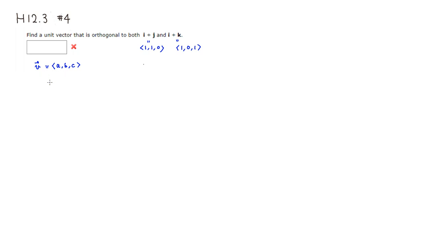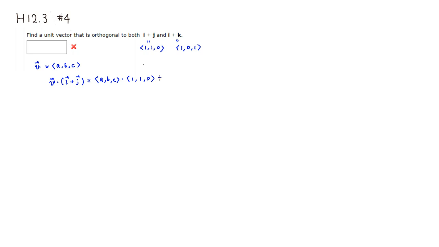So we take v and do the dot product with vector i plus vector j. This is a comma b comma c dotted with 1 comma 1 comma 0.